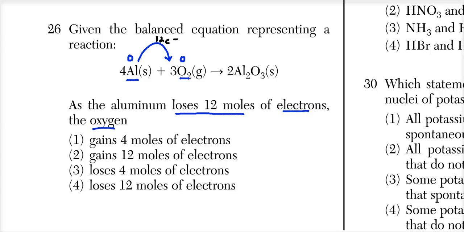So if something is losing electrons, someone has to gain the same amount in order for this to be balanced and work. So it's called conservation of charge and conservation of mass. So it has to gain 12 electrons.